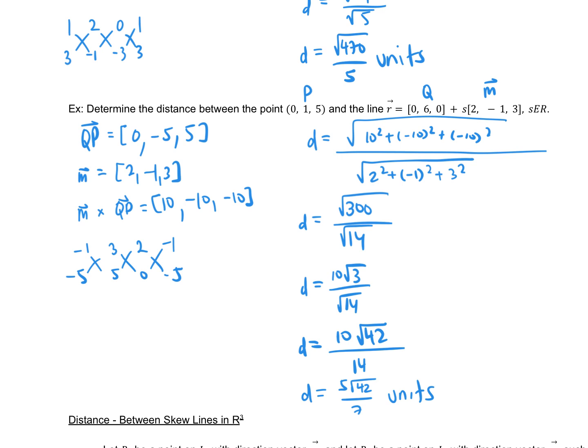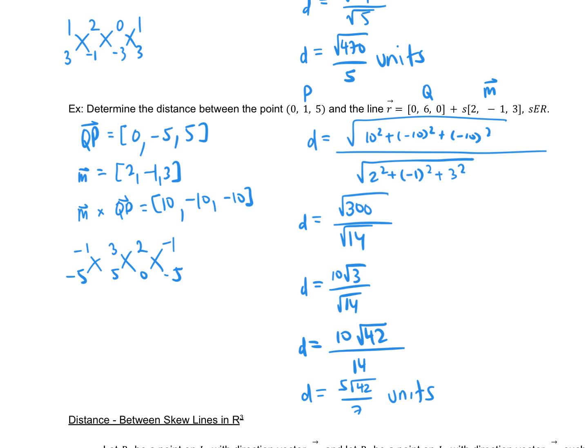Now, the final little setup or scenario is finding the distance if you're given two lines in 3D that do not intersect. So you're not given the distance from a point to a specific line, but between two lines. If the lines were to intersect, well, in that case, their shortest distance is 0.